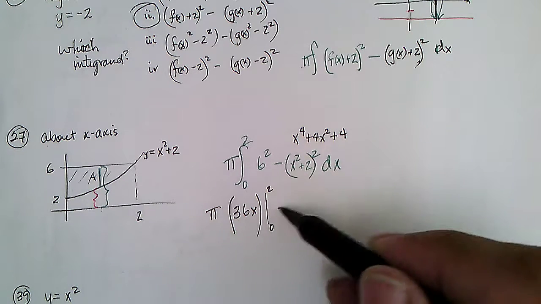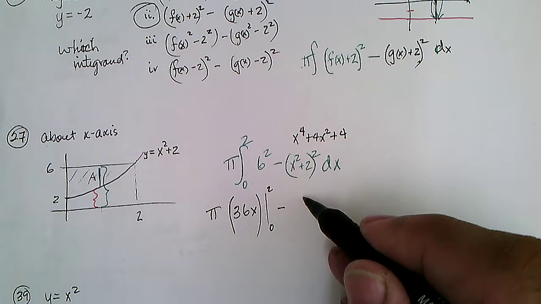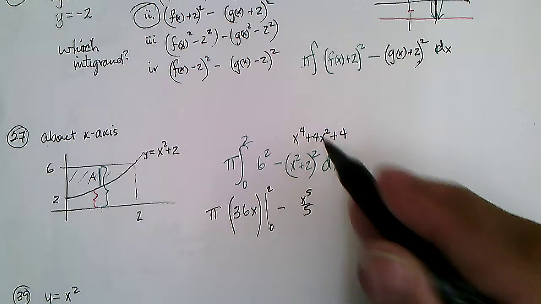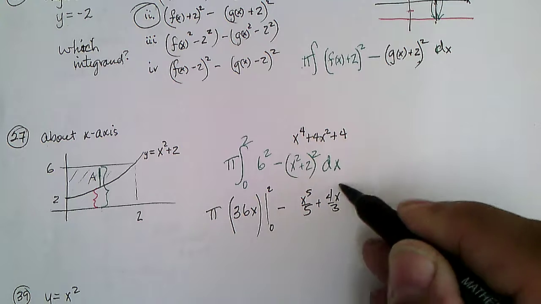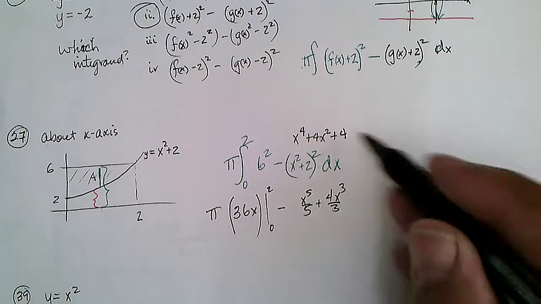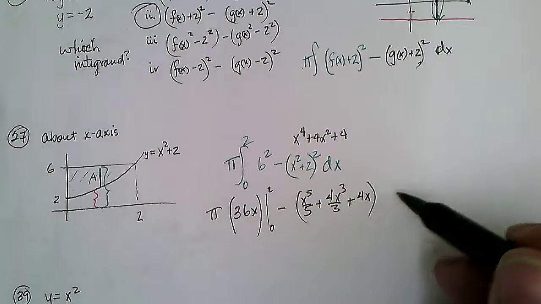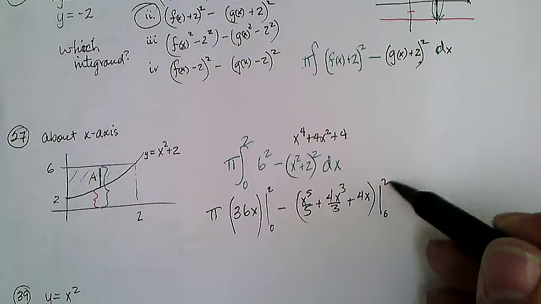And we're subtracting all of this, and that integrated would be x to the 5 over 5 plus 4 over 3 x to the 3rd plus 4x. That evaluated from 0 to 2.